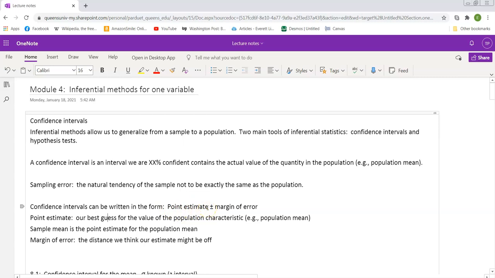So for today, our formulas look like sample mean plus or minus some quantity that we think our estimate might be off. And we're going to have formulas for those, which you'll see in just a minute. All right, so big picture, we're looking for an interval that we're pretty sure contains the value of the population mean.